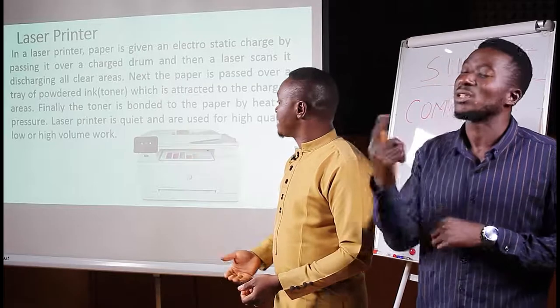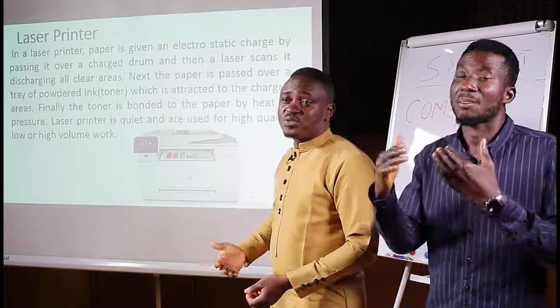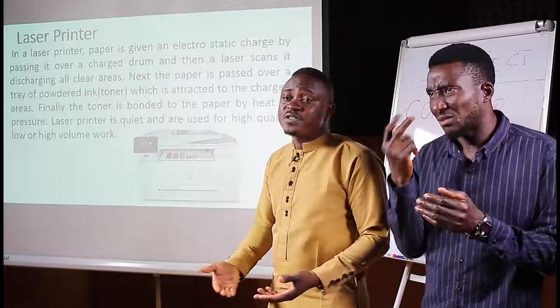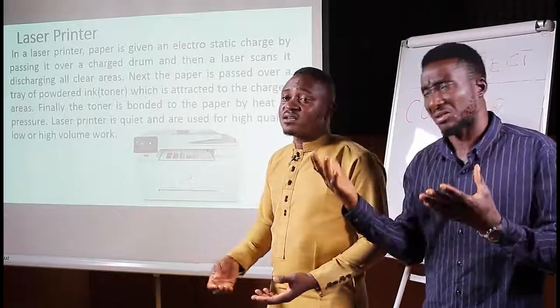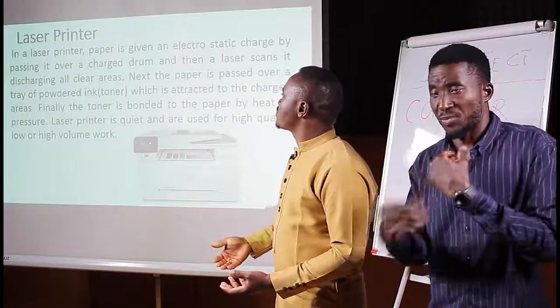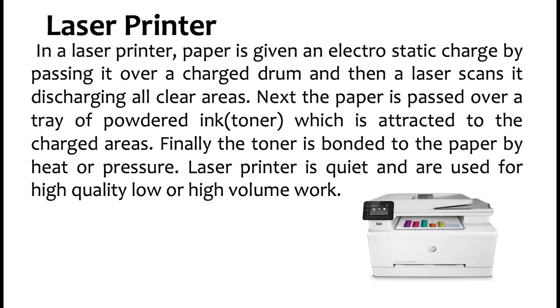The laser printer, which you could actually see in most of the places we go for either making photocopies, business centers, computer centers, we see them a lot. In laser printers also, the paper is given an electrostatic charge by passing it over a charge drum, and then a laser scan is discharging all clear areas.